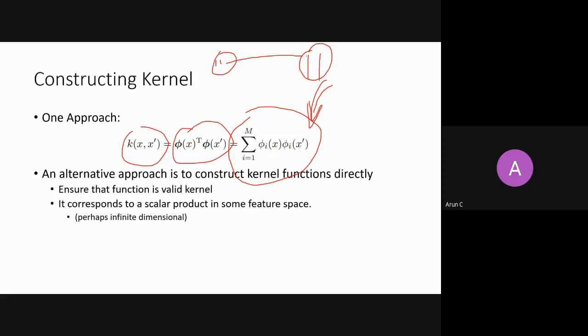Then I take a dot product there and I will get some value, right? How much work do I have to do? I need to first project it. Then if it is a 100 dimensional space, I have to do 100 multiplications and 99 summations, and then I will get this value V.